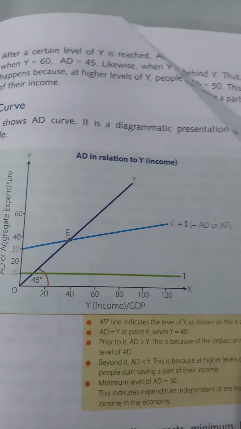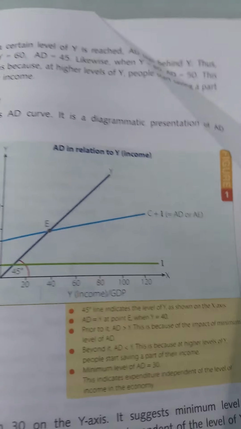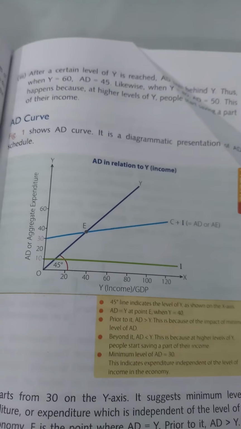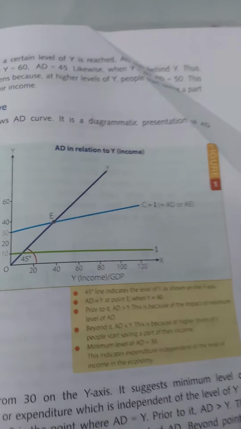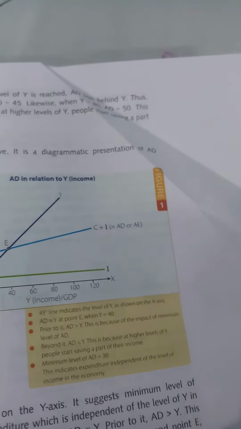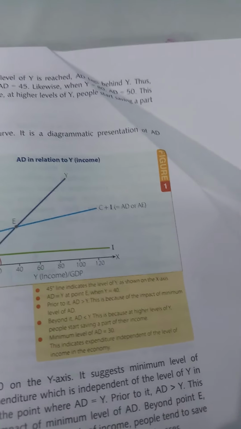So this means that when income is higher, people tend to make less expenditure on buying goods because they tend to save more. And when income is lower, expenditure is more, which means that at lower income saving is less, at higher income saving is more.